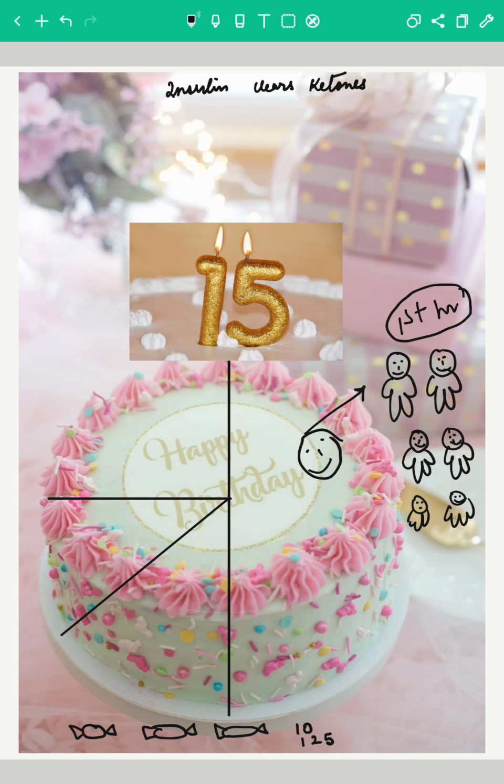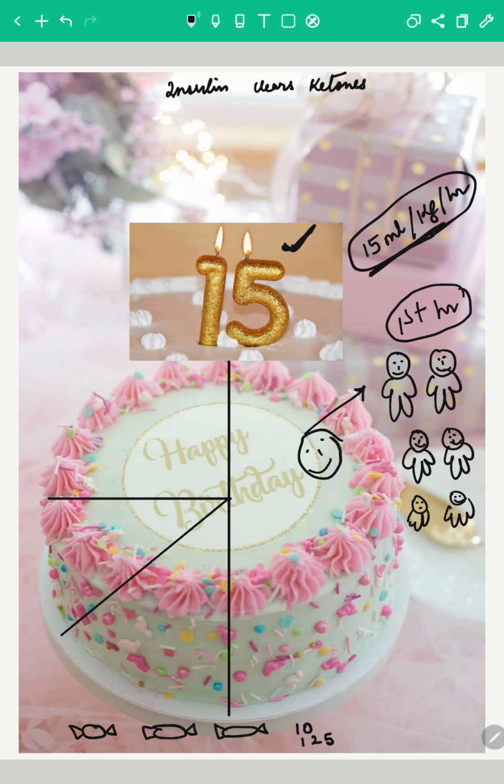This is very, very easy to calculate if we remember that it is the 15th birthday. That means we will give them cake at the rate of 15 ml per kg per hour in the first hour. So 15 ml per kg is what we have to remember.